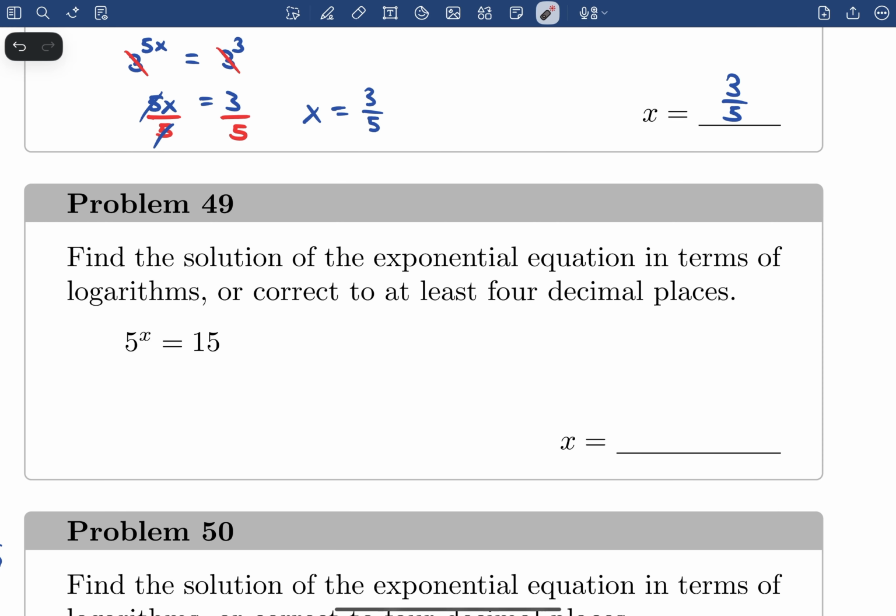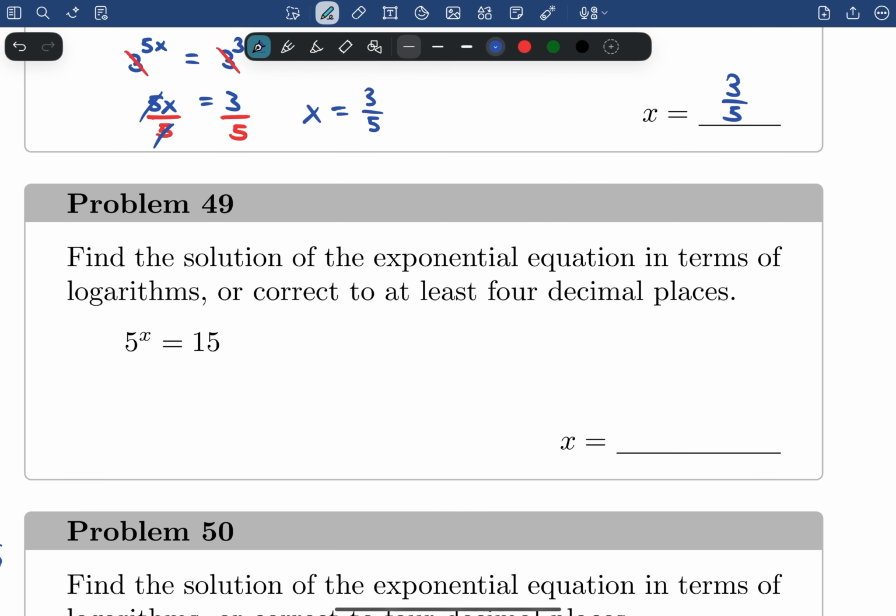Now, if I were you, I would write this in logarithmic notation. We can change stuff from exponential notation to logarithmic notation, and we practiced that in our 10.3 lesson. So first write log, then write the base, and then write the result, and it's equal to the exponent. Okay, so there you go. Log base 5 of 15 is equal to x.